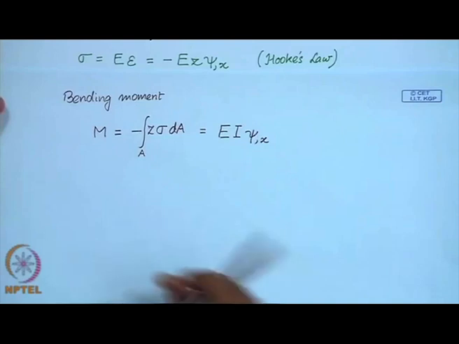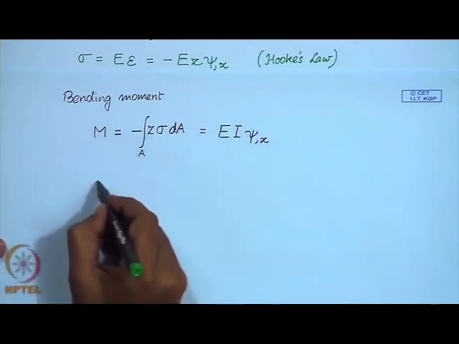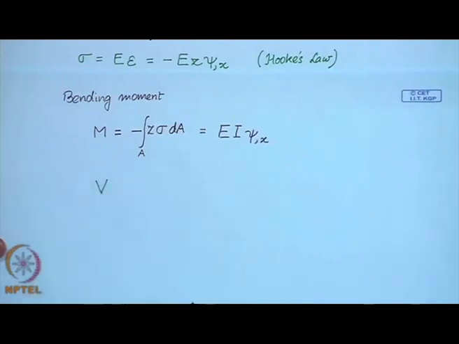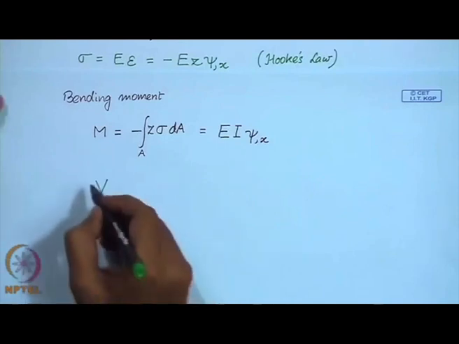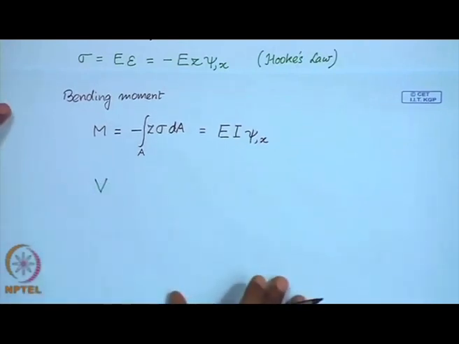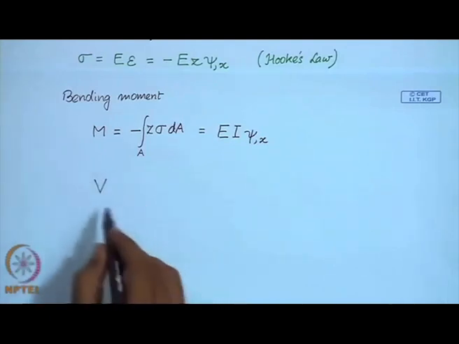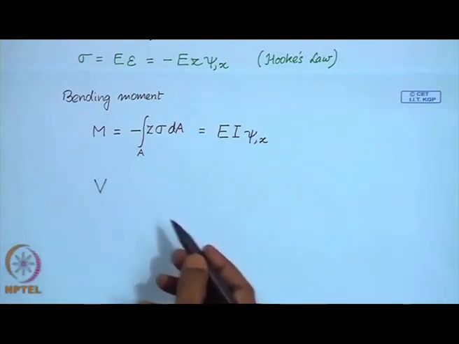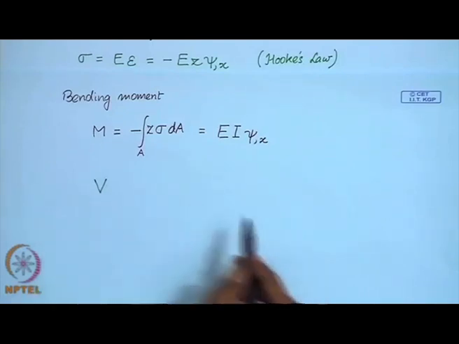Now, the next thing is to determine the shear force. Now, in the models that we looked at in the previous lecture, shear force was introduced in the equilibrium equations, considering that the beam element is infinitely stiff in shear.